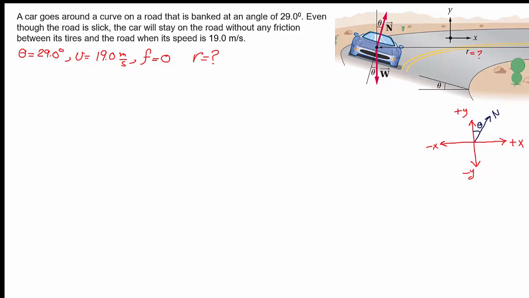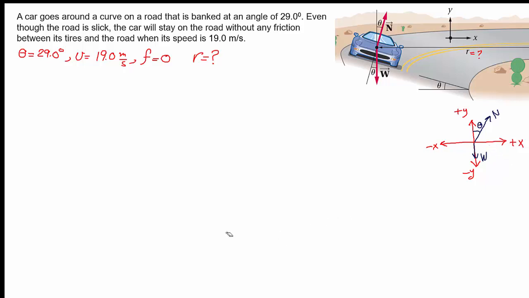This angle here is the same as this angle here. That's the banking angle. And we have the weight downward. Okay. There is no friction. If there is friction, it will be in that direction actually. If the friction is not zero, we'll have friction in this direction, and the angle here will also be equal to the banking angle. But here the static friction is negligible because the road is slick. So we'll remove the friction here.